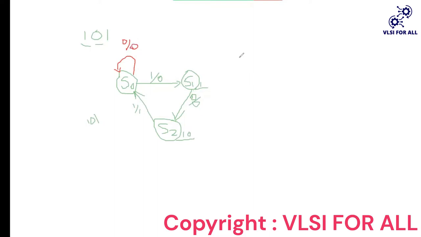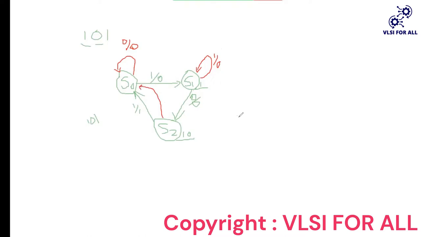And then when we get 1 as input in the S2 state, it will again get back to the same state, that is 1 by 0. And the same way when 0 is given as the input for the S2 state, it will go back to the S naught because it will start over again.